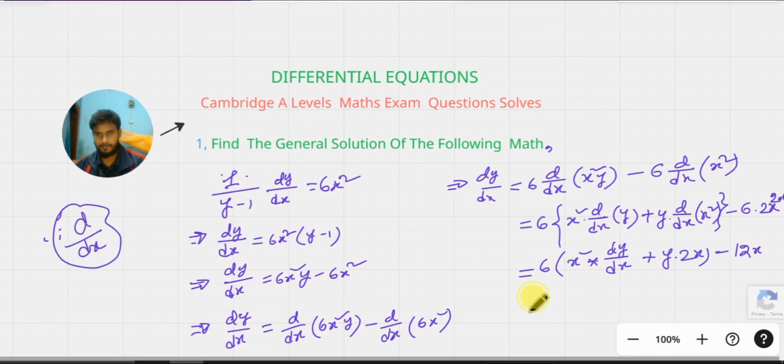And again the 6 will be multiplied here: 6x² dy/dx plus 12xy minus 12x. So this is the answer of these questions.